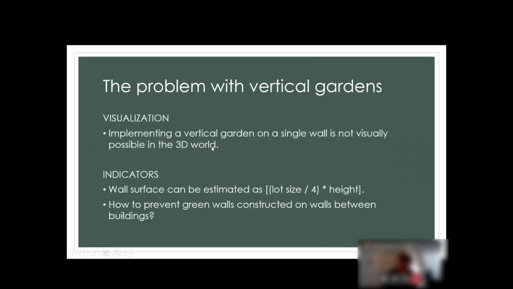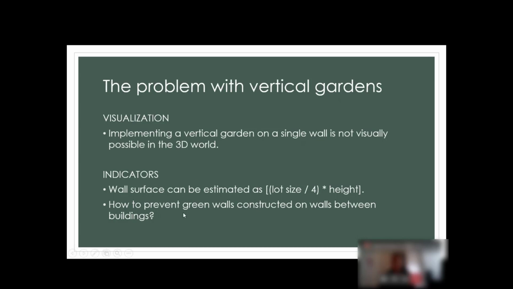Now, I found a problem with implementing vertical gardens on Tygron. Basically, I don't think it's possible to implement a vertical garden on a single wall. I looked in the forums and asked, and I see that the way is converting the color of the walls into green. But this is for all 4 walls, not for just one wall, which is the normal case in a vertical garden.